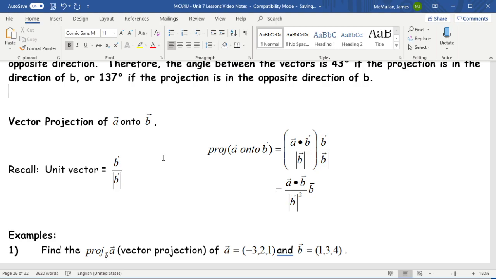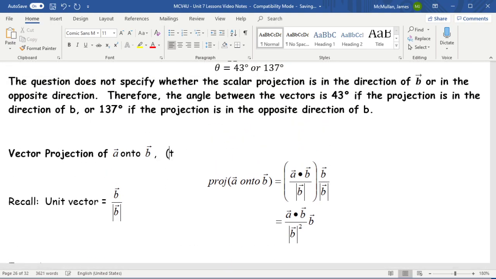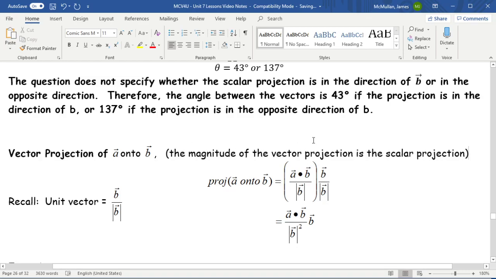So the magnitude of the vector projection is the scalar projection. If you learn the vector projection, which is a bit of a more difficult formula, then whenever it asks you for the scalar one, just take its magnitude. That's it.